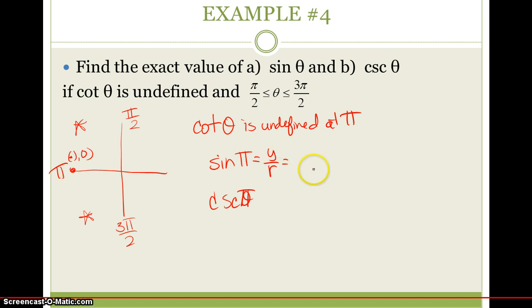So we have -1 here and 0. So what we're going to find is the sine of pi is going to be 0. Remember, our cosecant is going to be r over y. And in this case, r is 1 and y is 0. So what we get is that our cosecant of pi is also undefined.